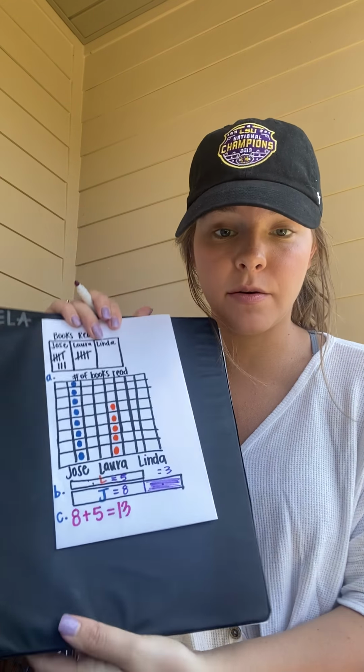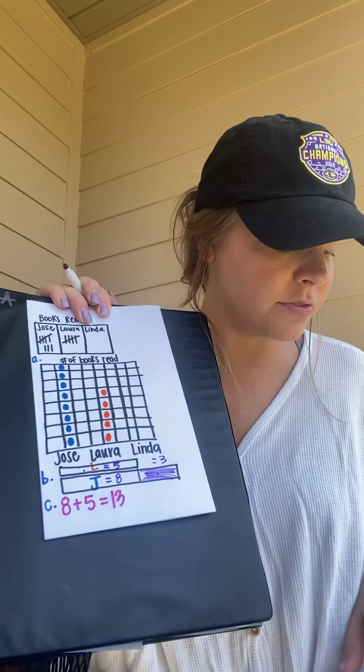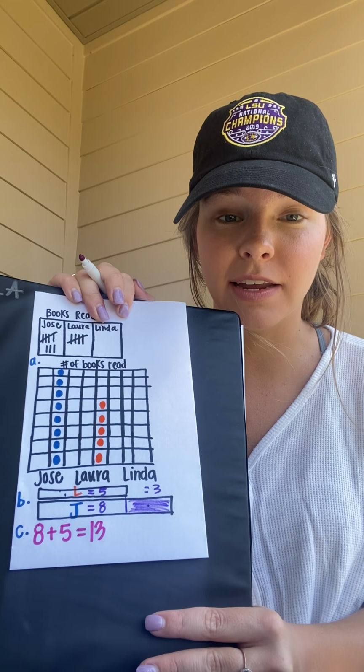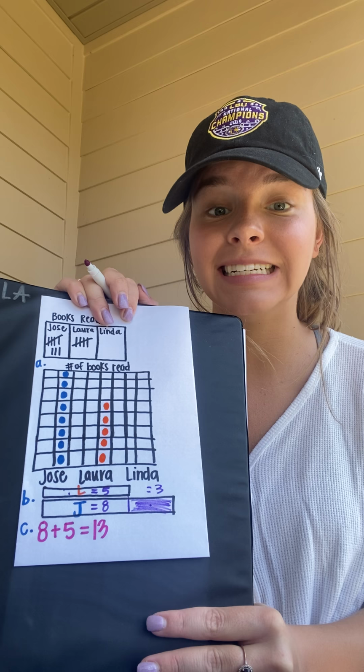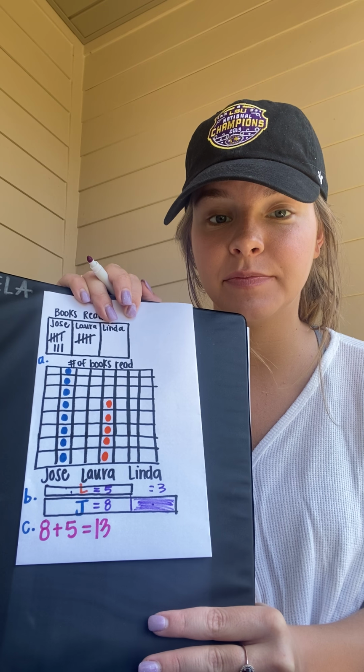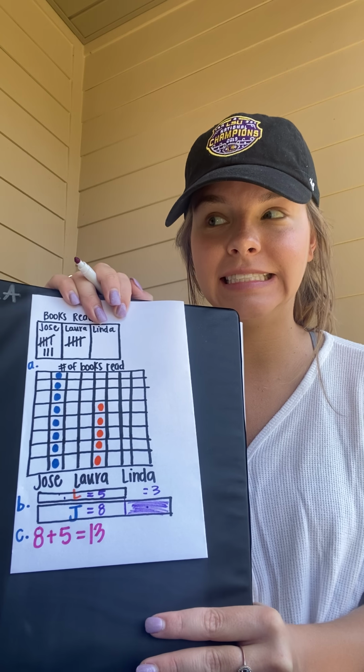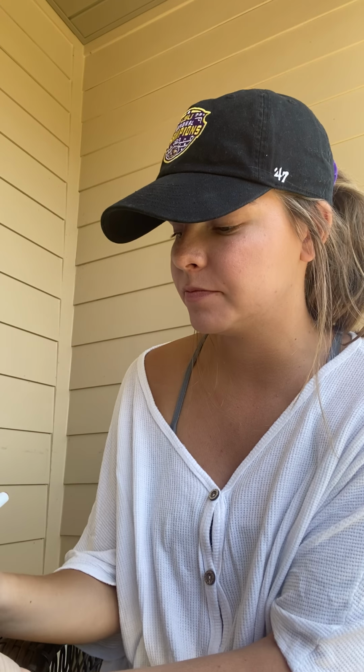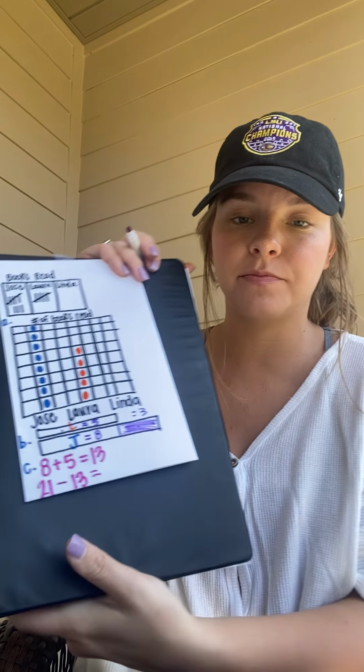So if they both read 13, but all three of them together read 21, how can I find the difference? Subtraction. So I'm going to take 21 minus the 13 I already know.